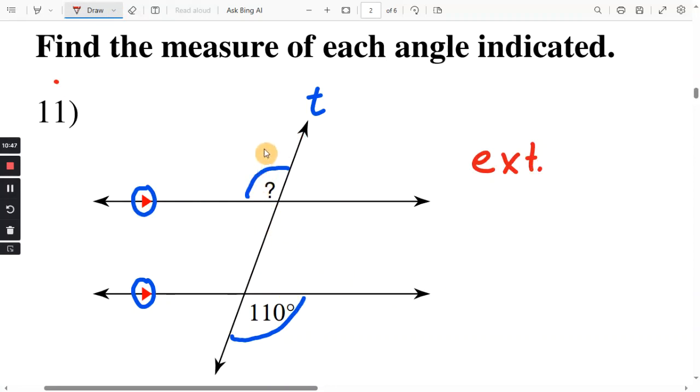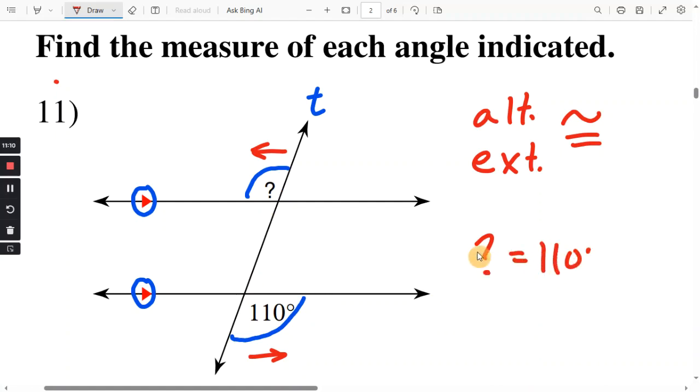This angle is on the left, this angle is on the right, so those are going to be alternate exterior. And what did we say about alternate exterior in the notes? Alternate exterior angles are congruent as long as the lines are parallel. So this angle is the same as this angle, so the question mark just equals 110 degrees, nothing to calculate.